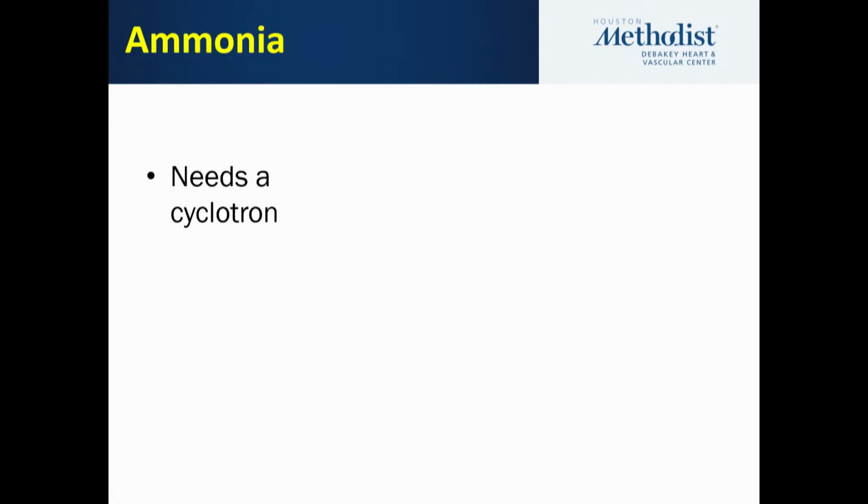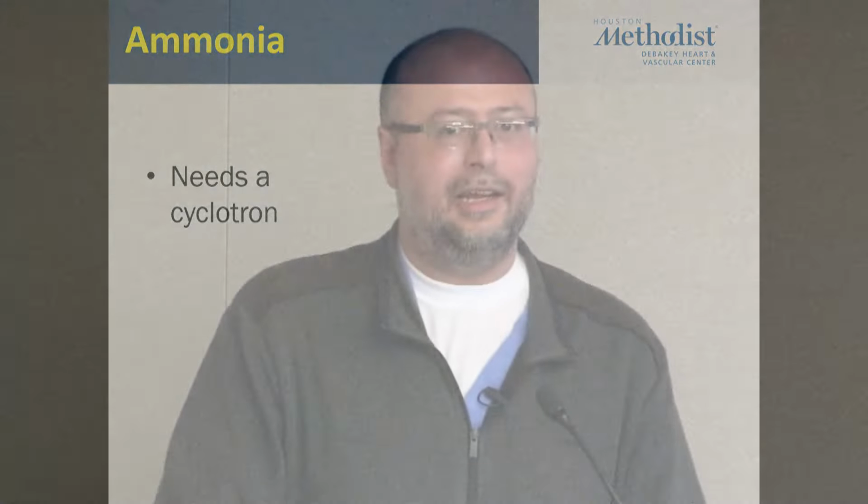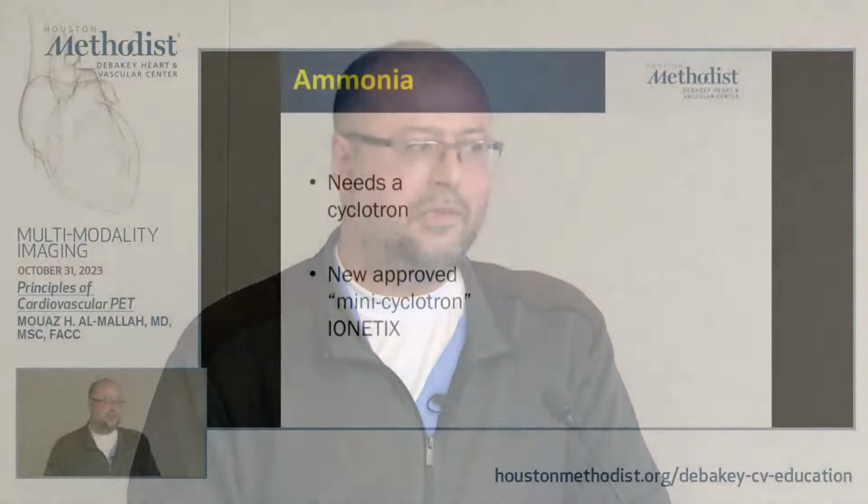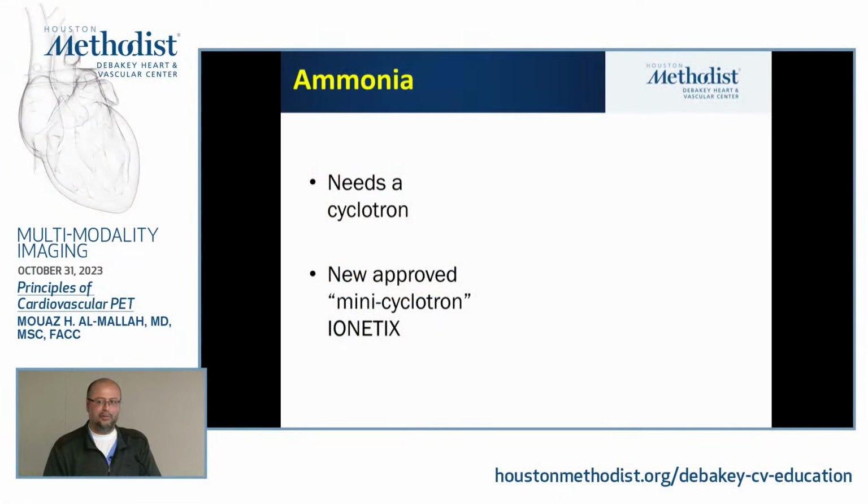So with ammonia, to be able to do it, you need to have a cyclotron nearby. So it's a 10-minute thing, so it depends on how far you can get it in 10 minutes. Now, if you don't have a cyclotron, there is a new solution, actually two of them. One of them is coming up, something called a mini cyclotron, which is probably double the size of the podium I'm standing on.